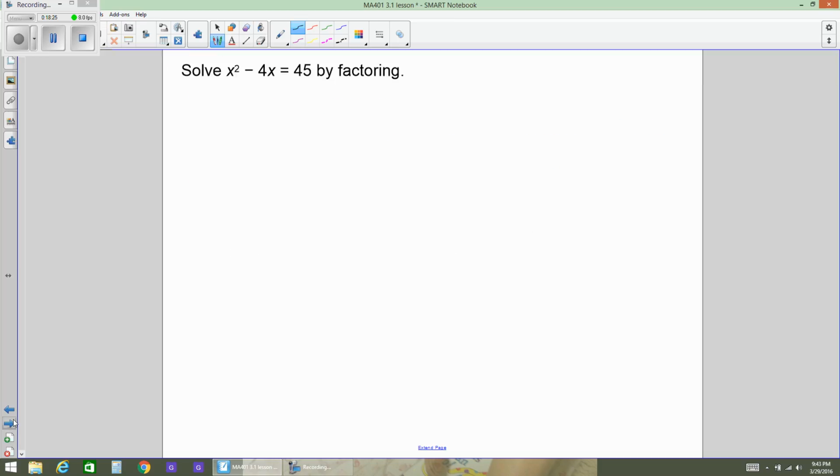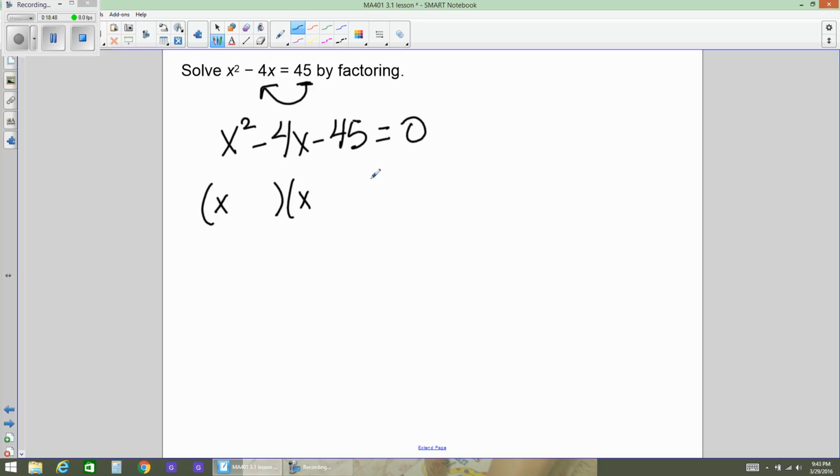So it says solve by factoring. Now it's kind of a rough one to start with because this 45 is over here. We need to move it over there. So we get x squared minus 4x minus 45. And solve by factoring. Well, factoring in this form here where we have a trinomial, it has 1, 2, 3, trinomial.